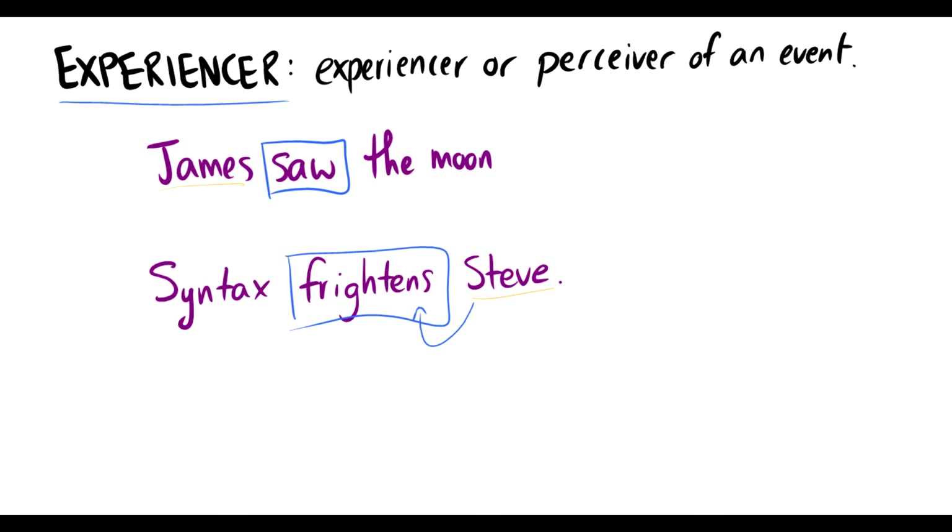So he is perceiving the moon, which is why James is the experiencer of saw. So a little bit challenging, but an experiencer is the experience or perception of an event. So for instance, Michael heard the orchestra. Michael would be the experiencer because he is hearing the orchestra. So that's another example.